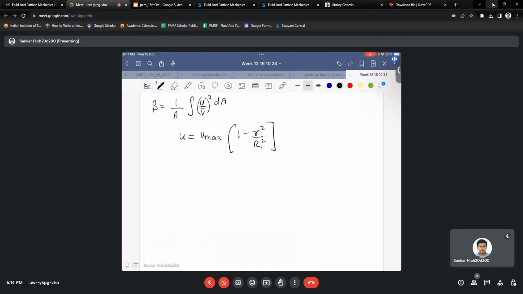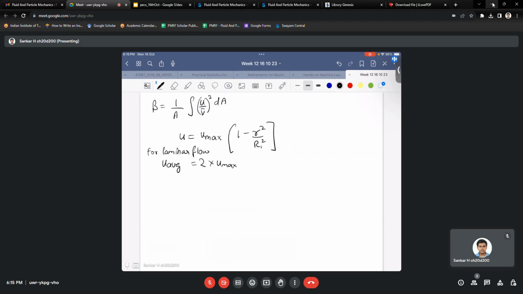Therefore, if you do this, we know that for laminar flow, we know how the maximum velocity is related to the average velocity, where it is given that u average is basically half the maximum velocity.